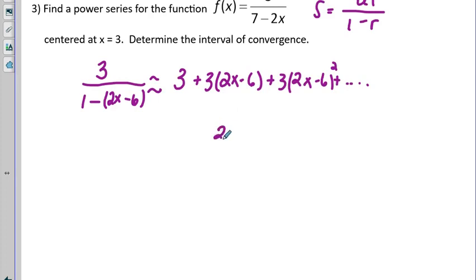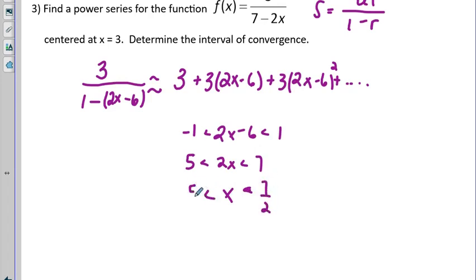The interval of convergence will be 2x minus 6 is between 1 and -1. So I'm going to add 6 and divide by 2. So this is my interval of convergence. I'm so sorry. And this is my series.